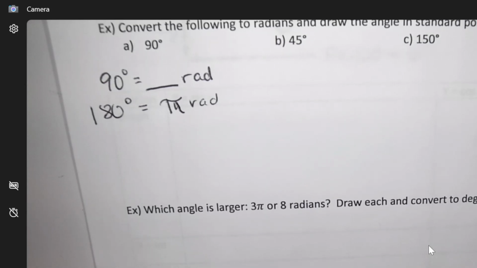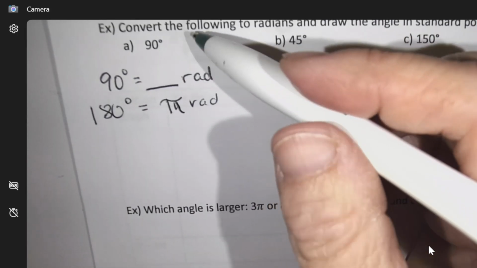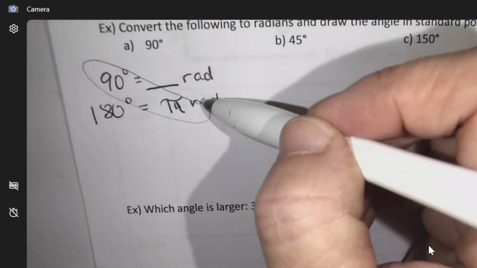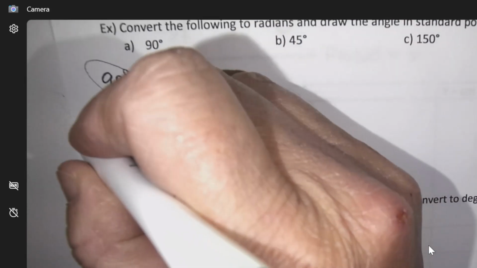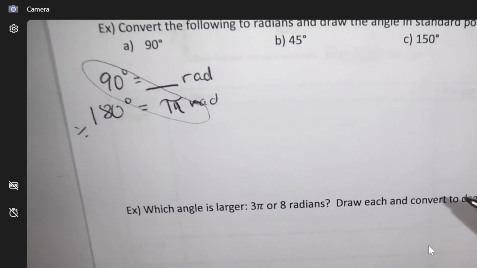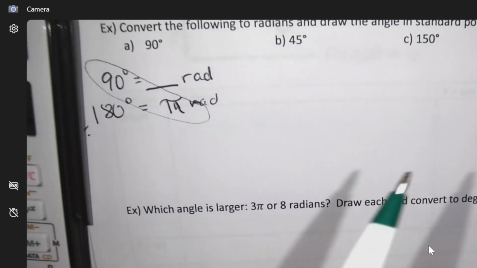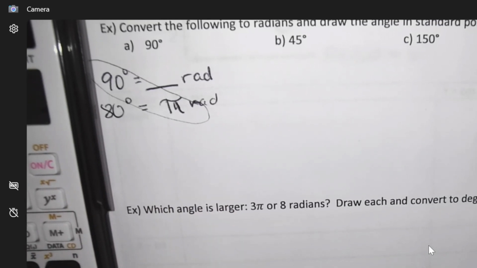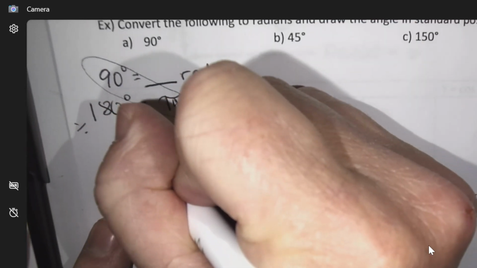When you set up ratios like that, what's the trick to solving ratios? Cross multiply. Multiply diagonal, divide lonely. You can do that in your calculator.